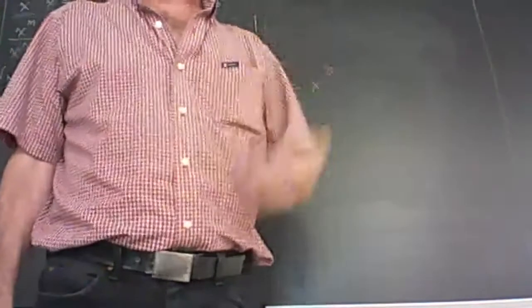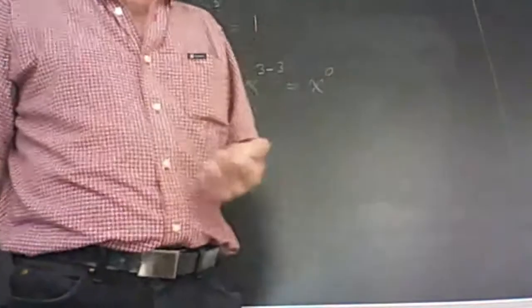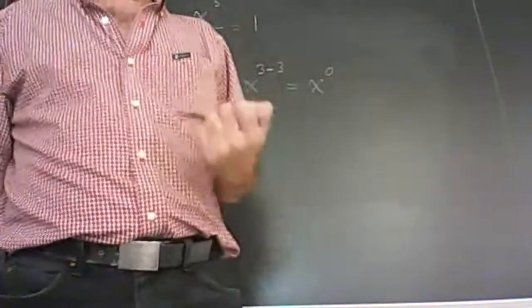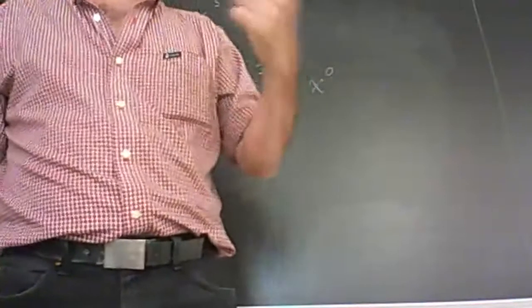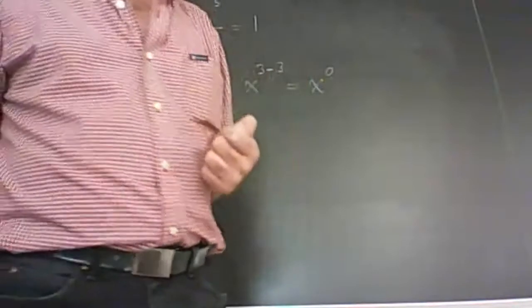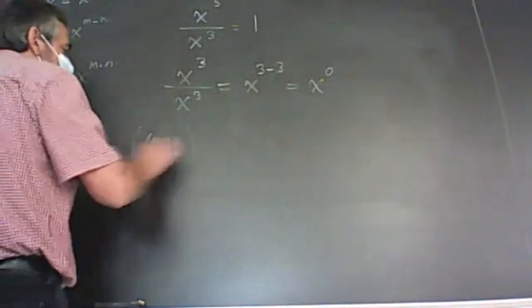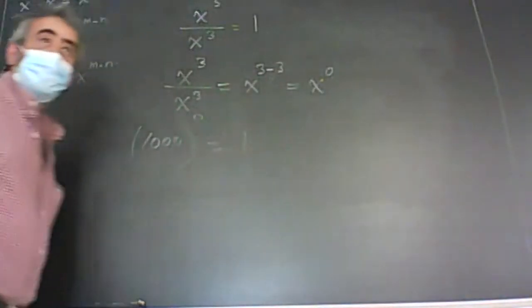So now, any number other than 0 raised to the 0 power equals 1. Why? Because it's like you divided that number by itself. Clear? So if I have 1000 to the power 0, that's 1.